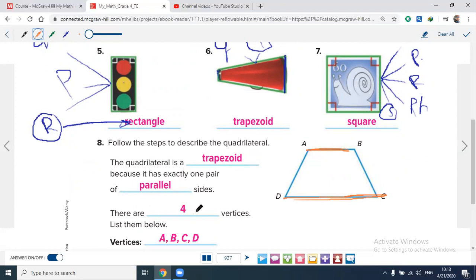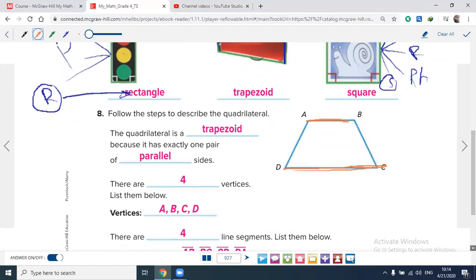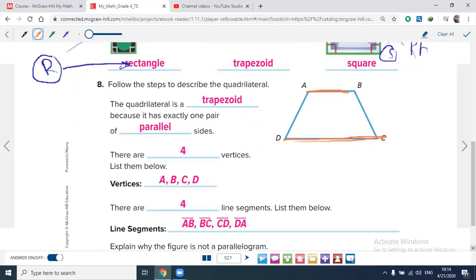Okay, how many vertices are there? Four vertices: A, B, C, and D. The vertices are A, B, C, and D. Next one, line segments.